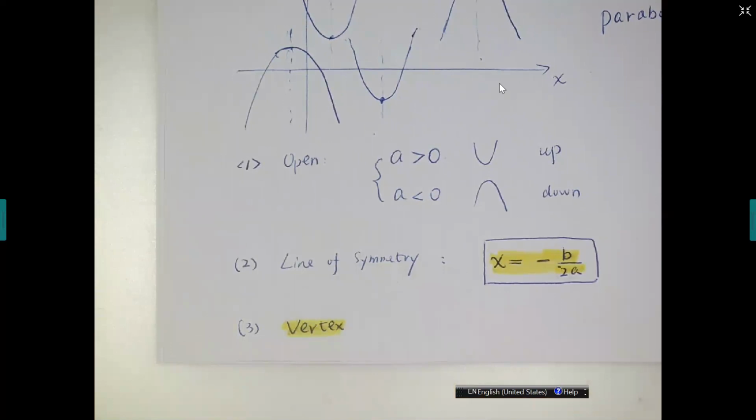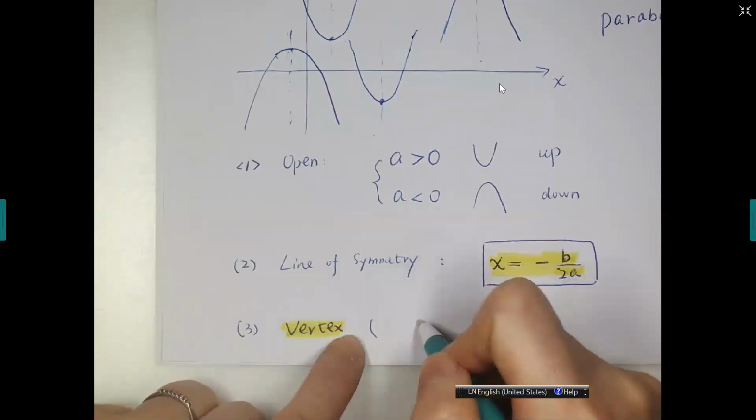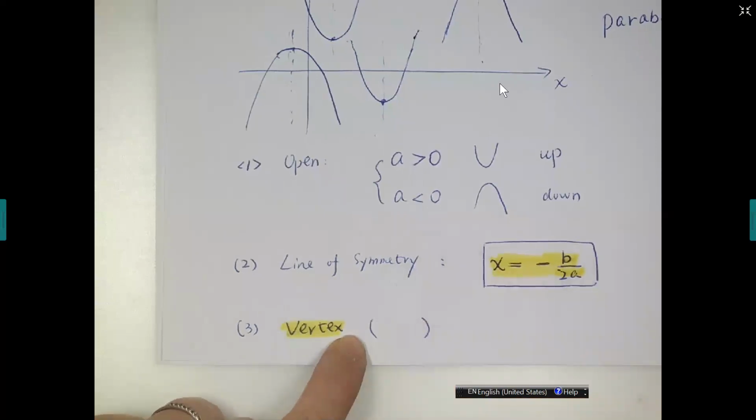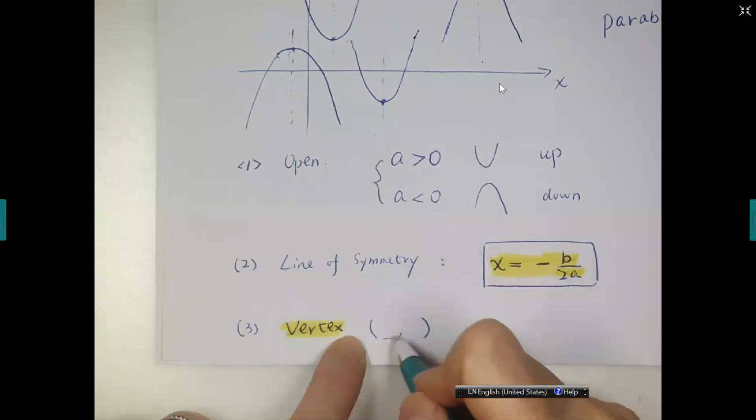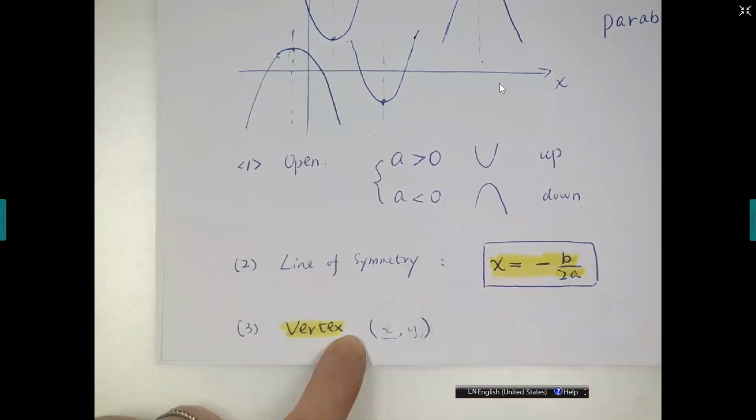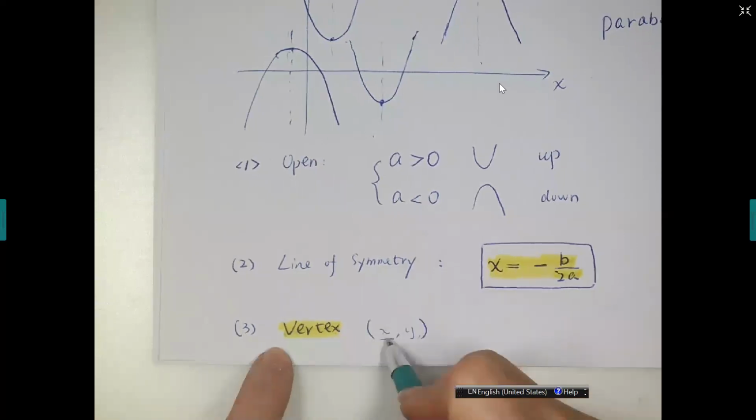How do we know where the vertex is? The vertex is a point, and for any point, we need two coordinates: some number for x, some number for y. How can we find the two coordinates of the vertex?